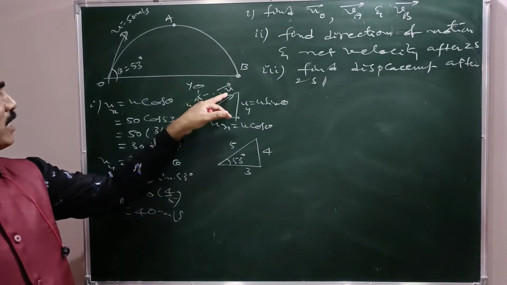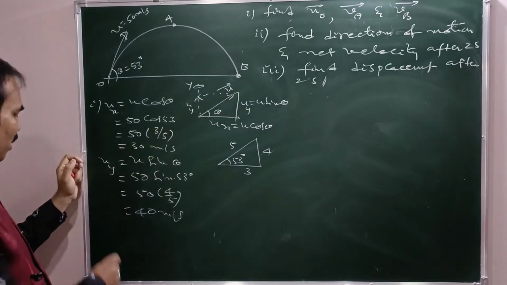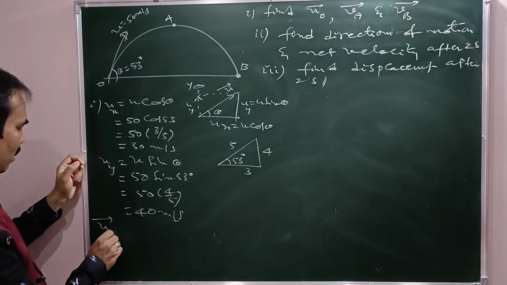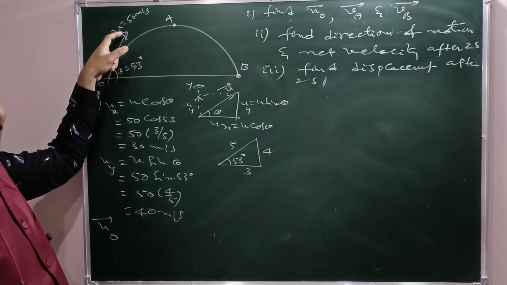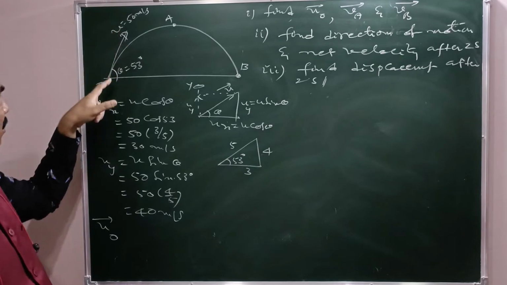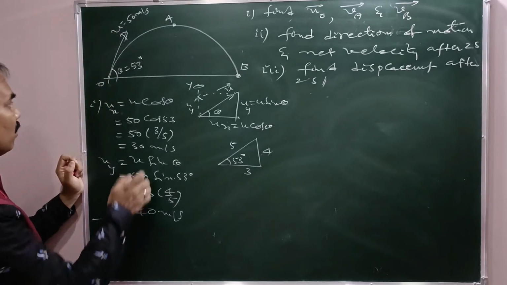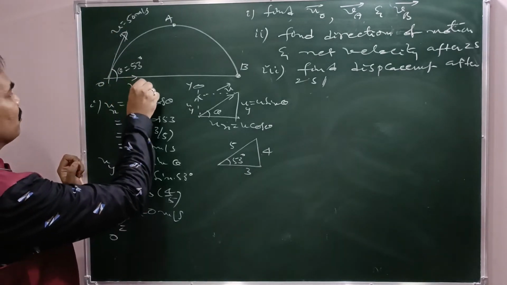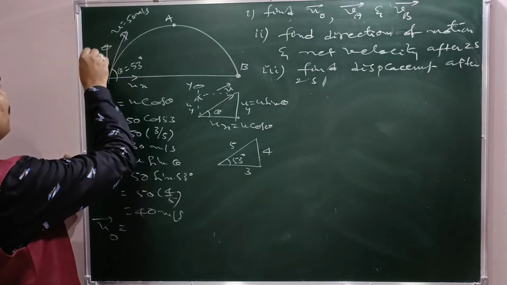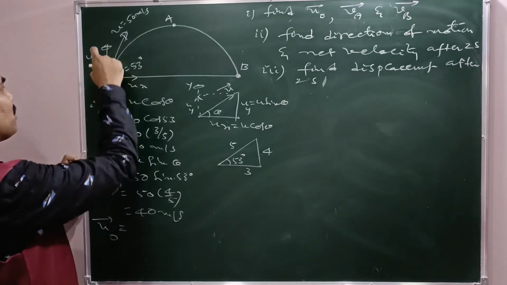Now, how to express in vector form: u bar, the initial velocity vector, that is the velocity of projection at O, can be written as ux into i cap plus uy into j cap.